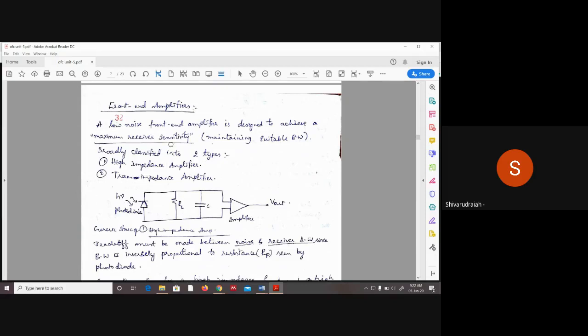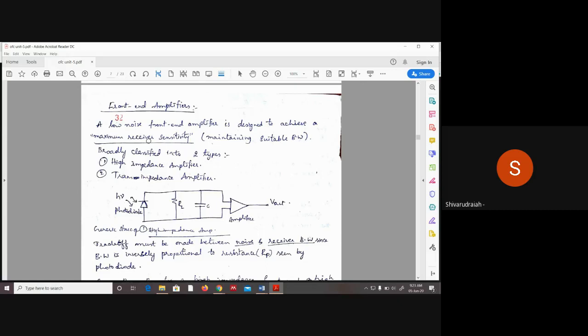Based on this, we have two types of front-end amplifiers, classified as high impedance amplifiers and trans-impedance amplifiers. These are the two types of front-end amplifiers, basically designed to achieve maximum receiver sensitivity.